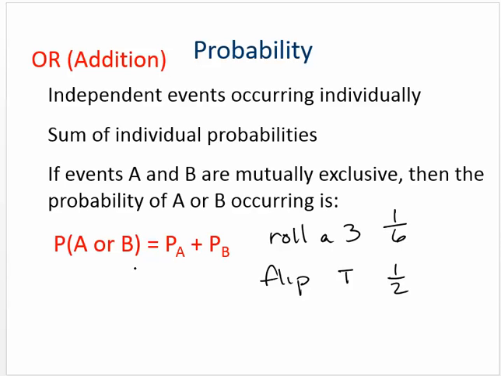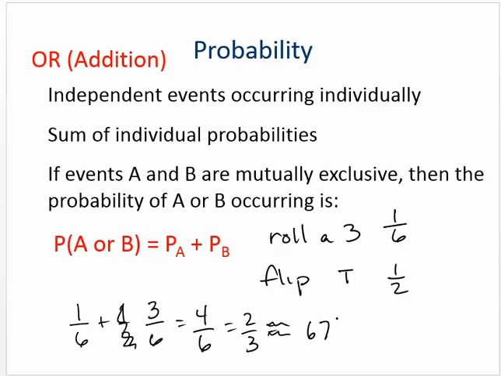Either one of these two things can happen. So that's going to be 1/6 plus 1/2. Well, we've got to find common denominators. And 1/2 becomes 3/6. So we get an answer of 4/6, which equals 2/3, which equals approximately 67% chance of you rolling a 3 or flipping a coin and getting a tails.